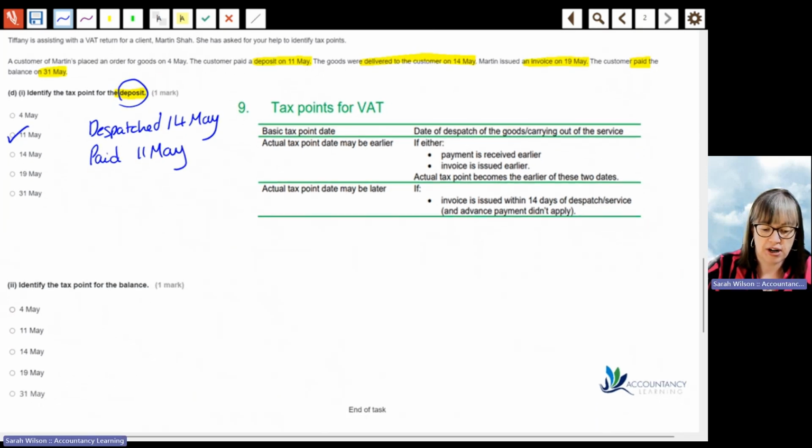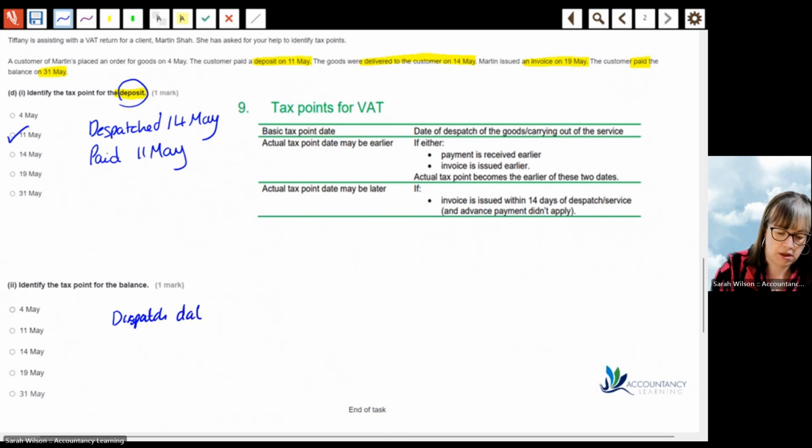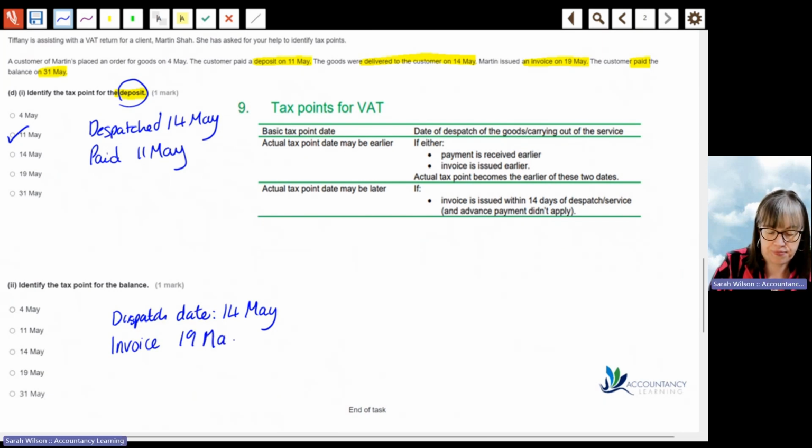Then we need to identify the tax point for the balance. Again, it's usually the dispatch date, which, as we said before, was the 14th of May. And the invoice date is the 19th of May.